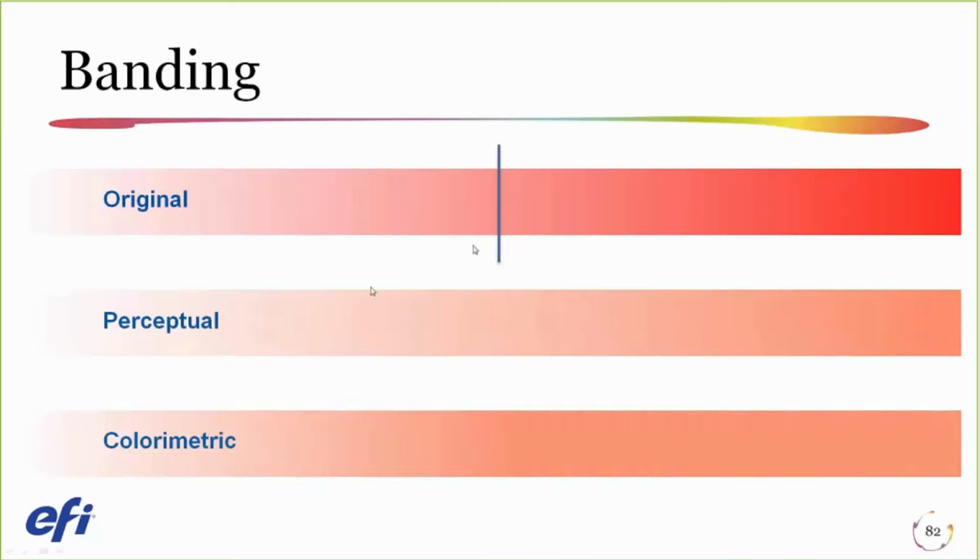Give you a little better idea of this issue of banding of these saturated colors. Imagine I've got a gradient here from 0 to a pretty deep red color. And let's say this is the maximum red my output device can reproduce. Okay, I'm exaggerating things here for clarity. And I can reproduce using the perceptual rendering intent or the colorimetric rendering intent.